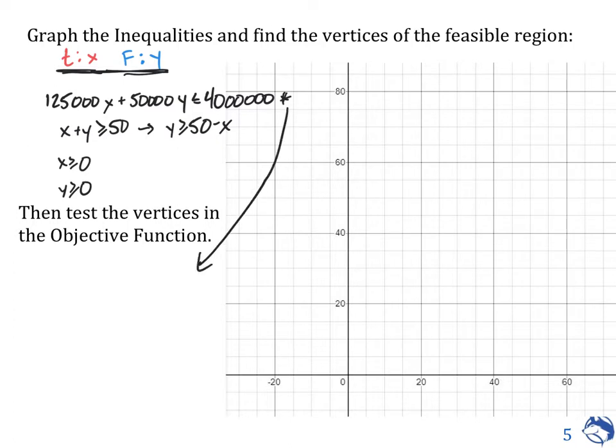So I'm going to subtract 125,000x from both sides, so I get 50,000y is less than or equal to 4 million minus 125,000x. I know that's a lot of zeros, but now when I divide both sides by 50,000, a lot of those zeros are going to go away.